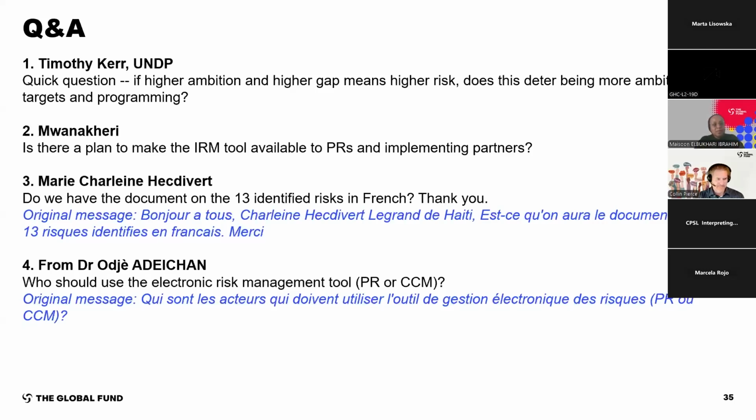So for Timothy, if higher ambition and higher gap means higher risk, does this deter being more ambitious in programming? I think at the design phase of the grants, if we focus only on the grants, we look at the ambition of the National Strategic Plan and the ambition of the grants, but unfortunately, we are limited by the resources available.